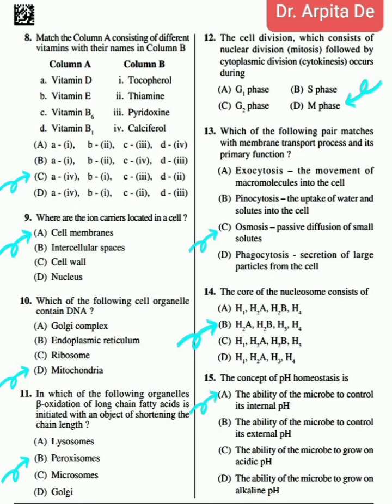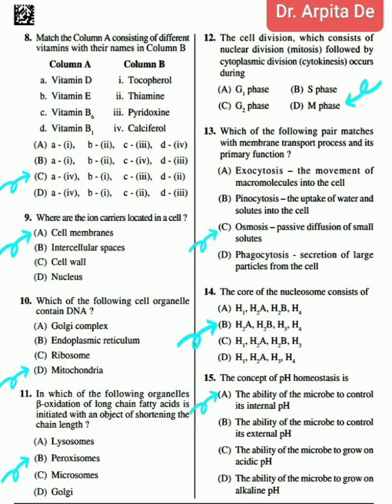Here, column A gives you the names of the vitamins, the name with letter code, and their chemical names: Vitamin D, E, B6, B1. And in column B you have tocopherol, thiamine, pyridoxine and calciferol. So let's see which one is matched with which one.